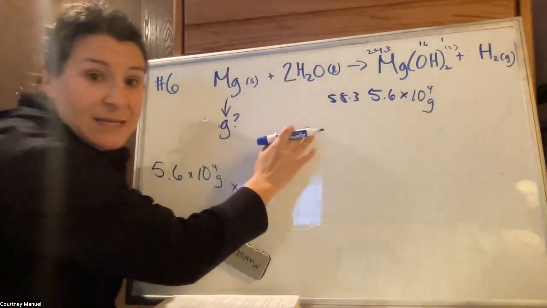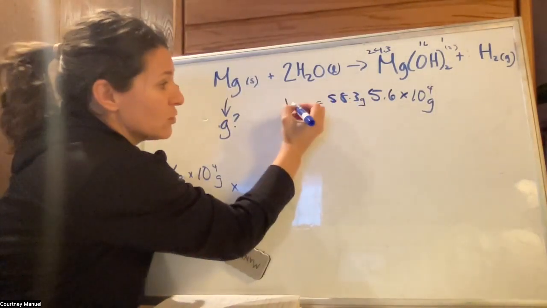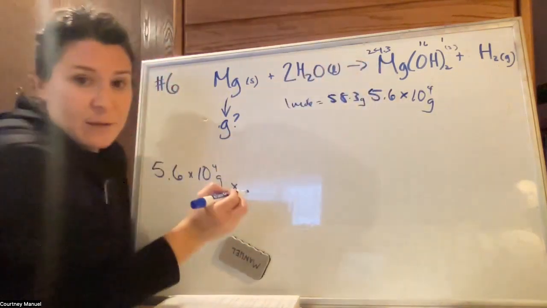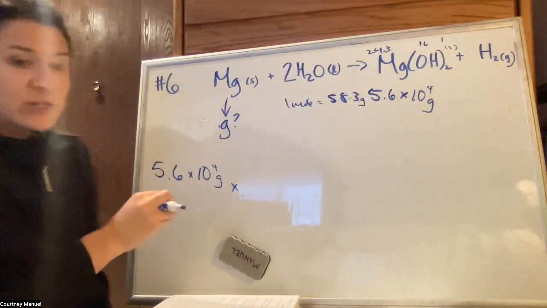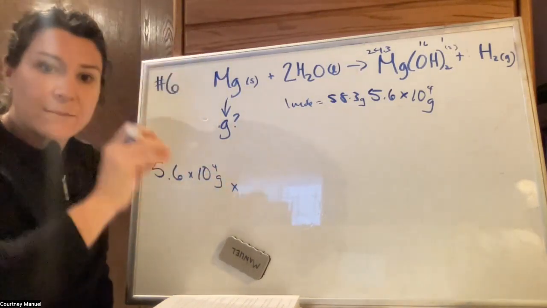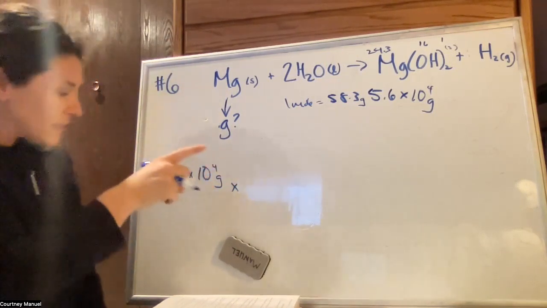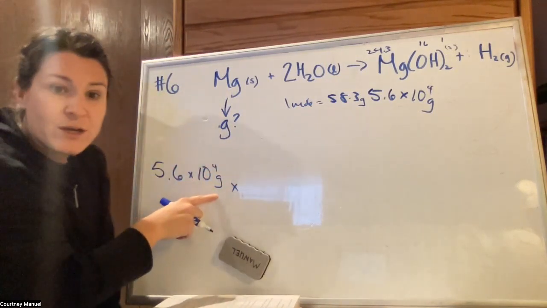So what this number means is 58.3 grams is equal to 1 mole of that substance. So we can put them into a ratio form. Now it can be grams on top and moles on bottom, or moles on top, grams on bottom. It doesn't matter because they equal 1, but what does matter is that it goes with our equation.